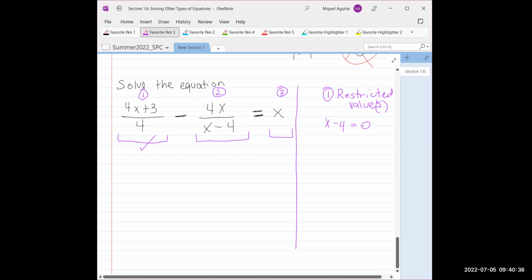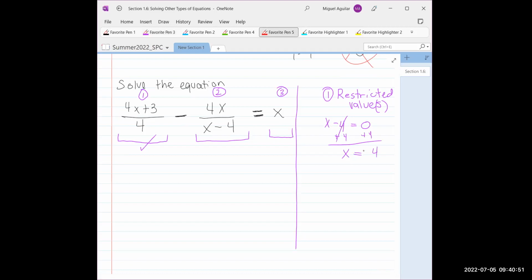What should my restriction here be? Positive 4, right? If I add 4 to both sides, x equals 4, which tells me that it's a restricted value. x cannot be equal to 4, because if it is equal to 4, then I would be dividing by 0 for that second term. Does that make sense?